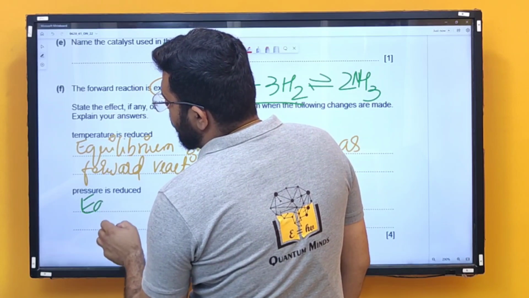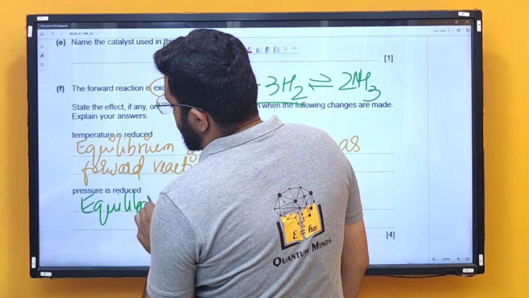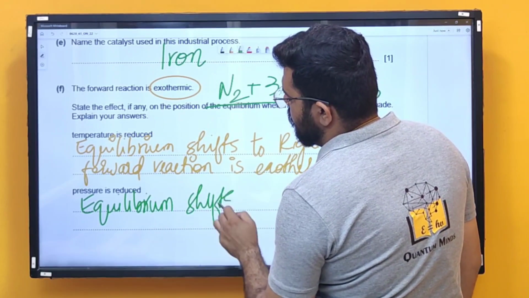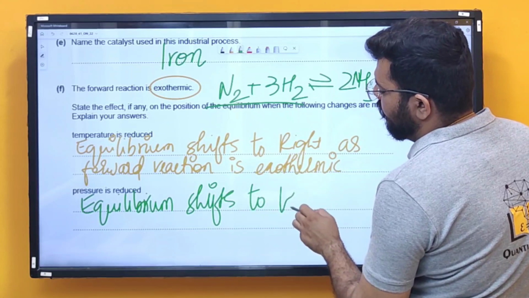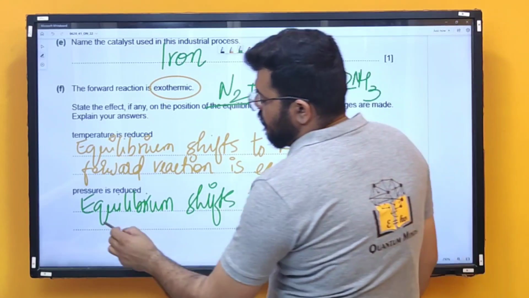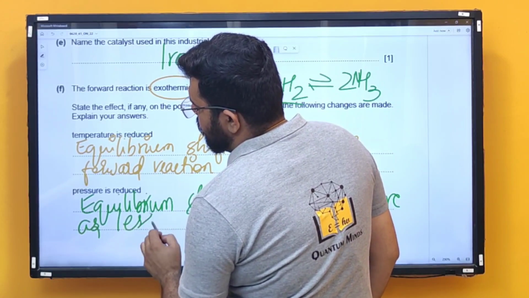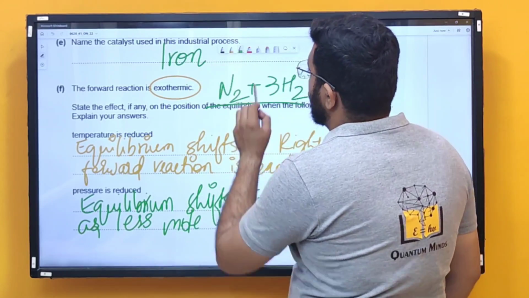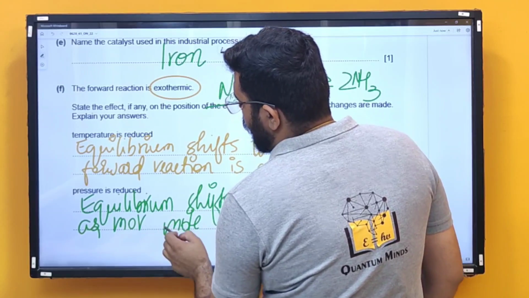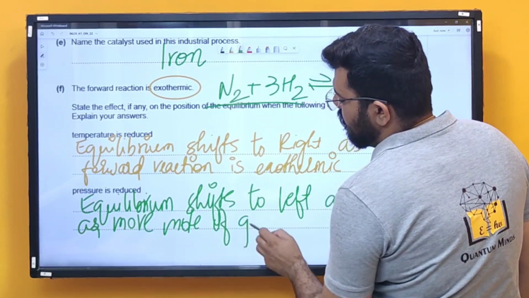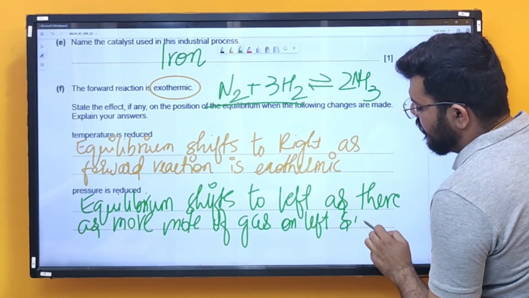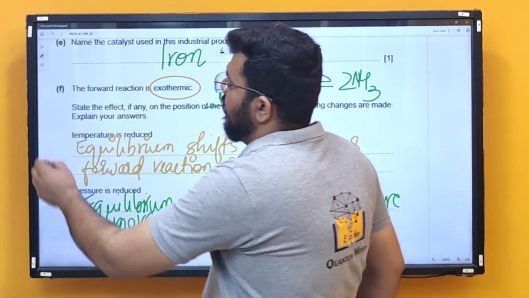So equilibrium shifts to the left as there are more moles of gas on the left-hand side. You could write left side of the reaction.